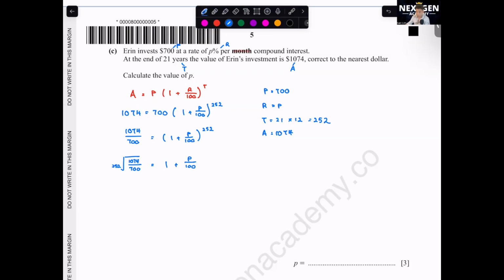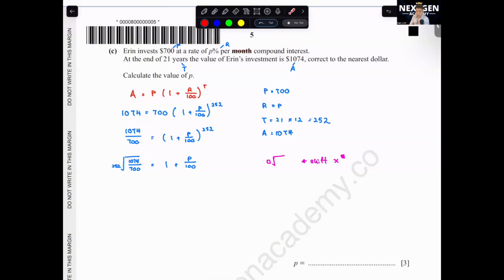It's not a square root. You need to use this button. To get access to this, you press Shift, X power. Try again. Then you see a little box come out. In this one you put 252, then over here you put 1074 over 700.